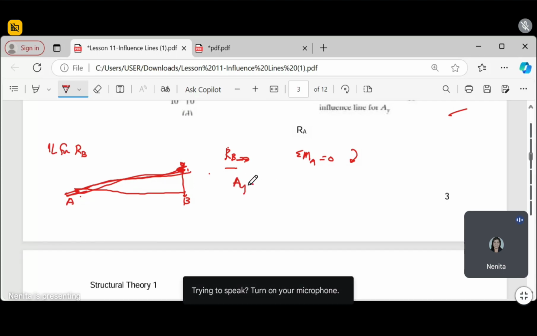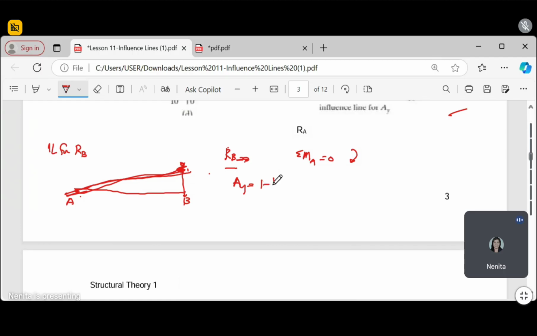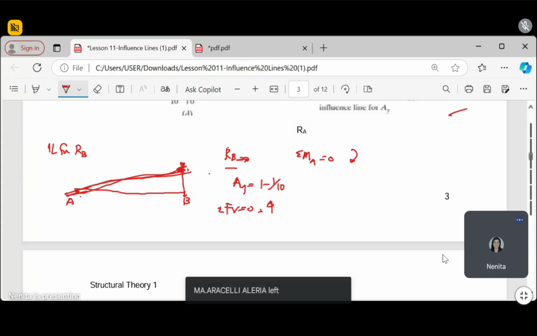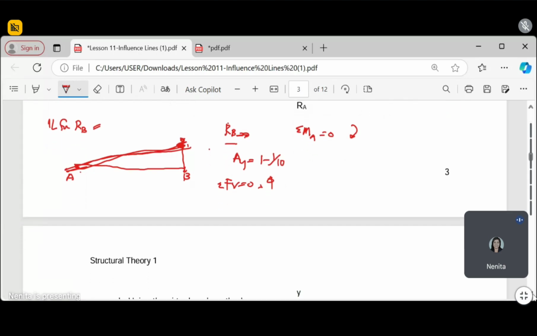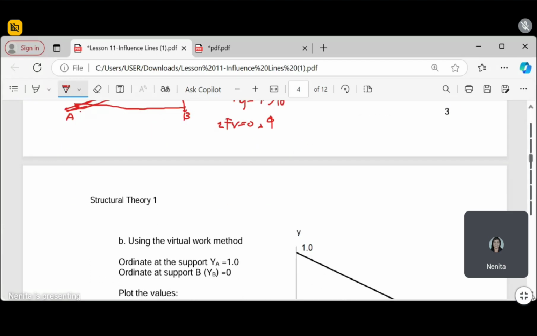Let's say AY is equal to 1 minus 1 over 10. So to get R sub B, we have the summation of vertical forces equal to 0. Then you get R sub B. That works for the influence line for R sub B. You can try it, but not yet, let us finish ours first.